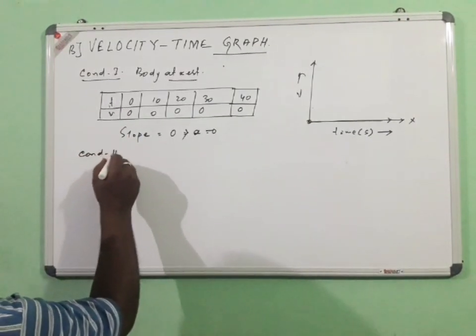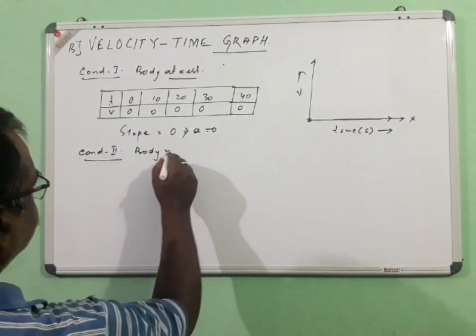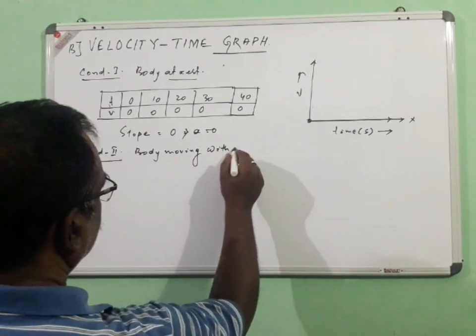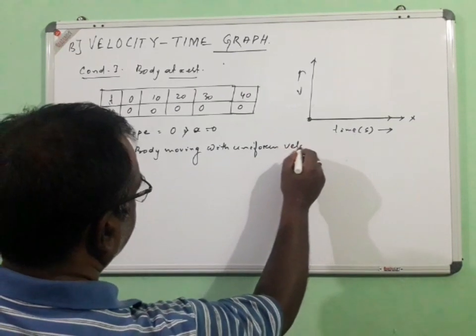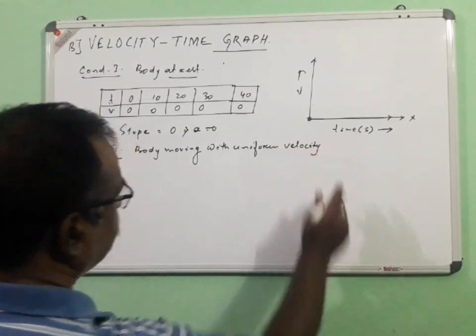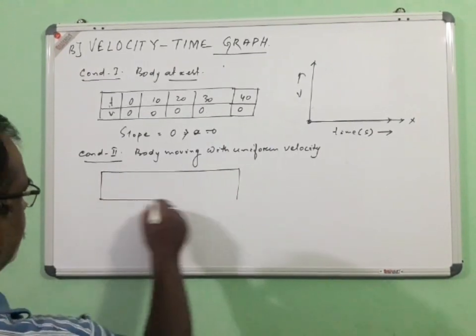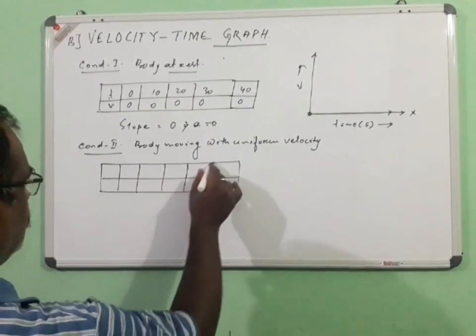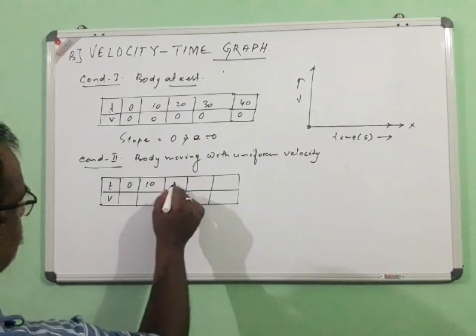Condition number 2, body moving with uniform velocity. The body is moving, but the velocity remains constant. There is no change in the velocity. For example, suppose a car is moving in this manner.